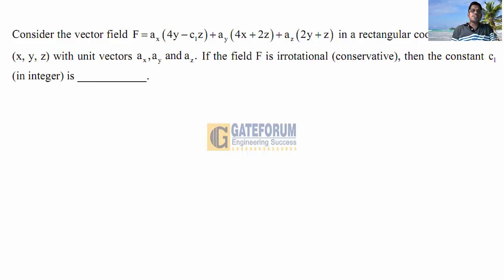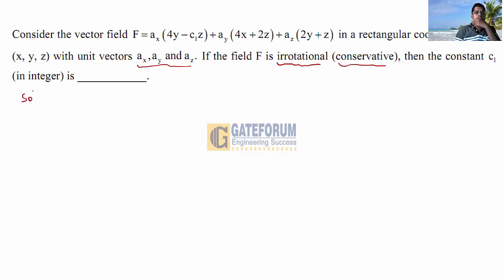This question is from engineering mathematics, from the topic vector calculus, subtopic irrotational. So instead of i j k, they have given the unit vectors ax, ay, az. The given vector function is irrotational, that is conservative, meaning curl F bar is equal to 0.